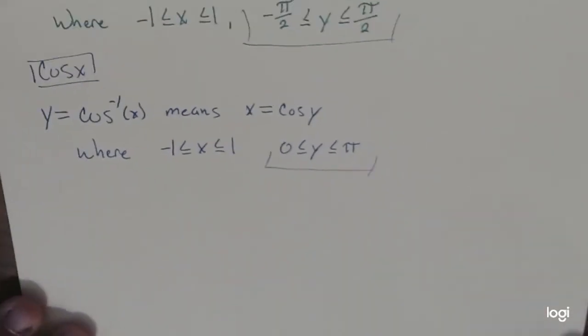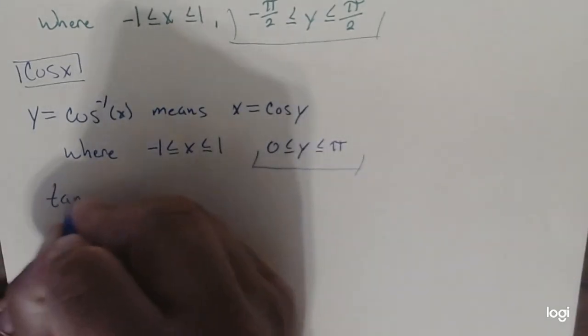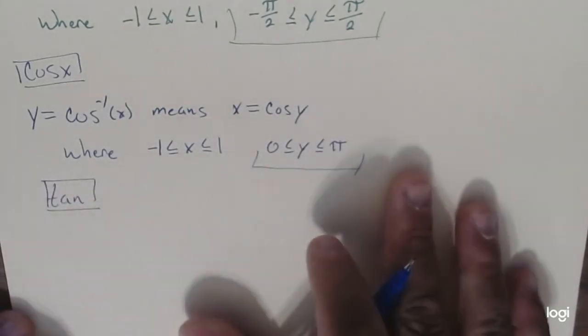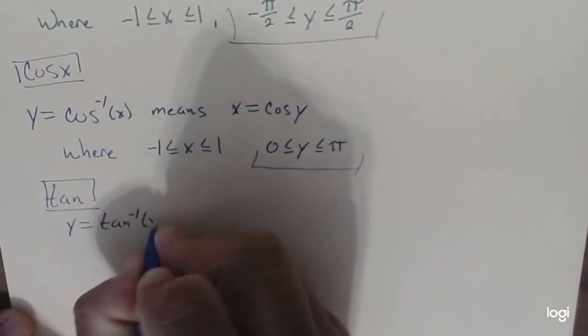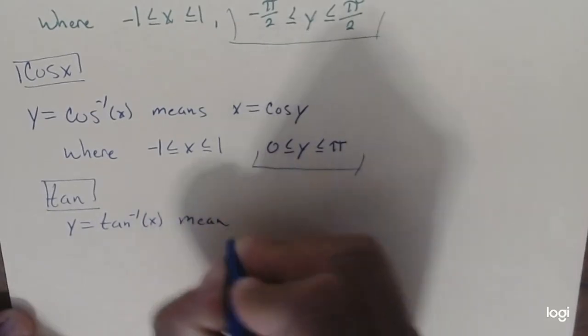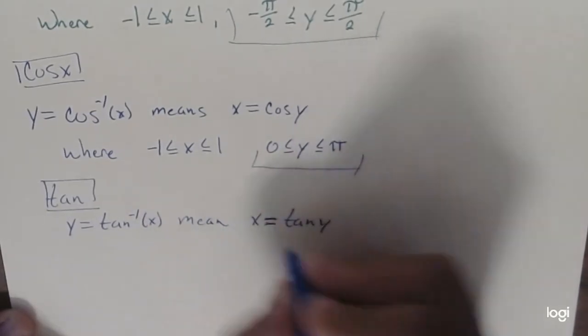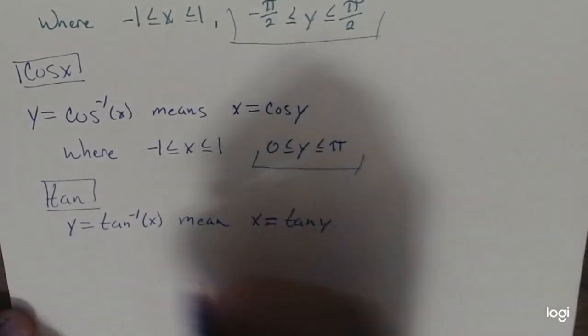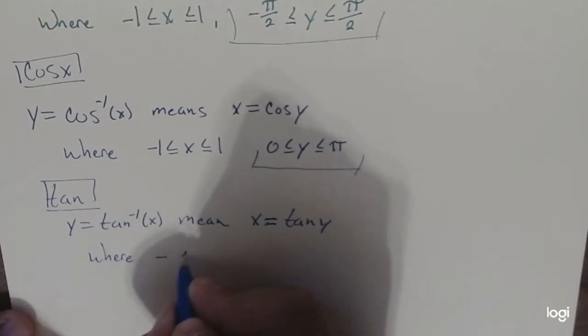Okay, so next up we go through the other ones. The next one is tangent. So again, y equals tan inverse of x. I can just rewrite this as x equals tangent of y. The domain is all real numbers.